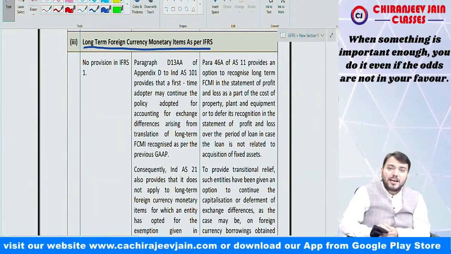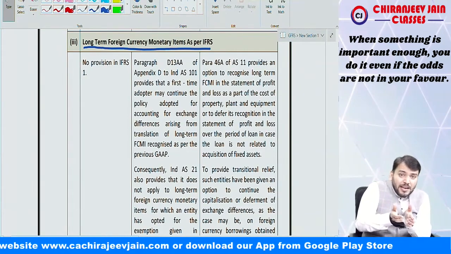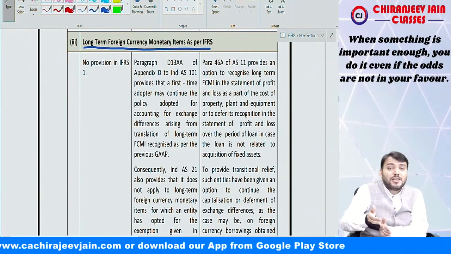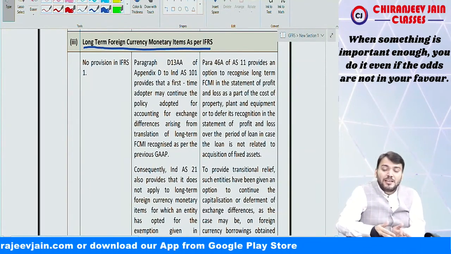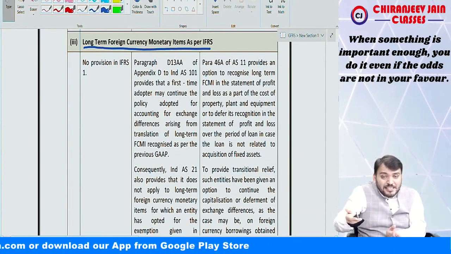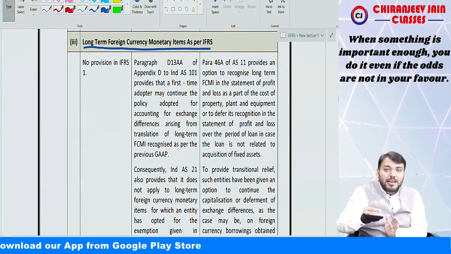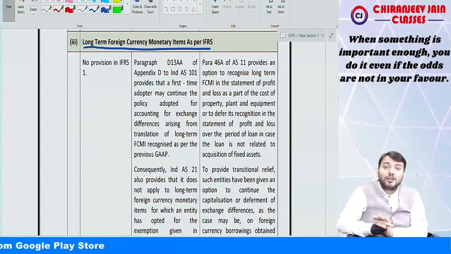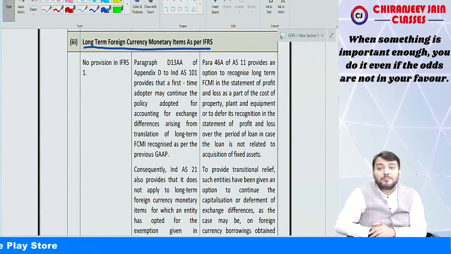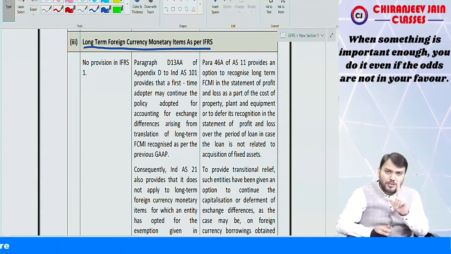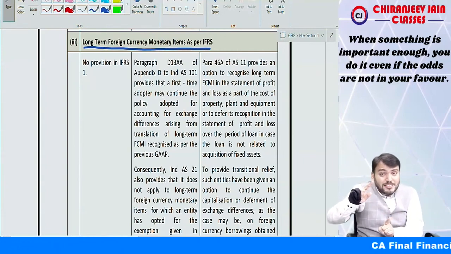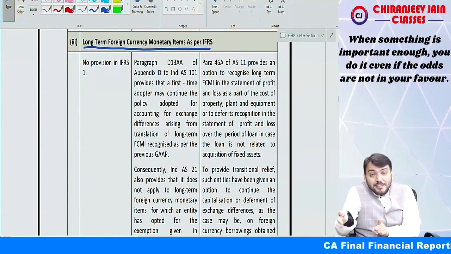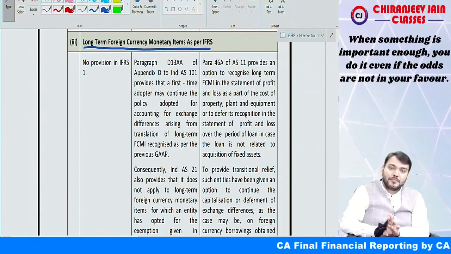That option was that instead of transferring any exchange difference on long-term foreign currency monetary items to P&L, they can either capitalize it to the cost of the depreciable asset, or they can accumulate that exchange difference in a special account known as foreign currency monetary item translation difference account. You remember? So one option was given to the entity under previous GAAP.